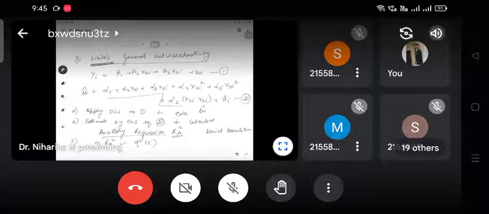H naught is alpha 1 equals alpha 2 equals alpha 3 equals alpha 4, alpha 5, alpha 6. All of them are equal to 0. That is no heteroscedasticity. And H1 is heteroscedasticity is present.